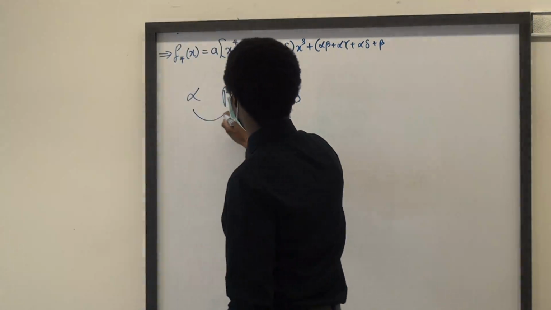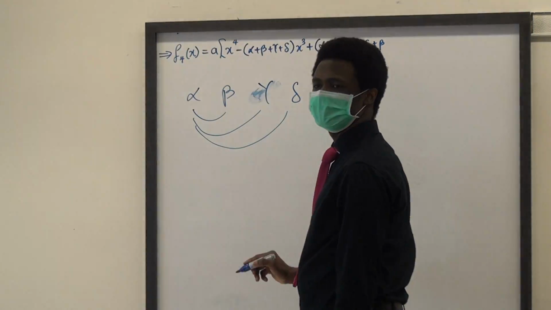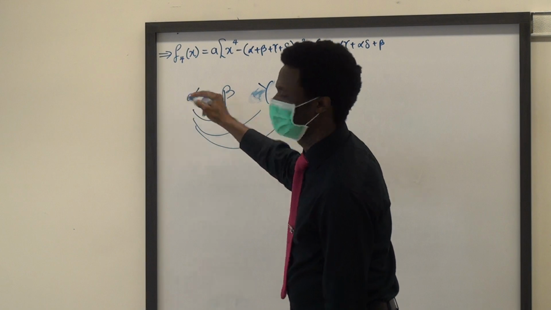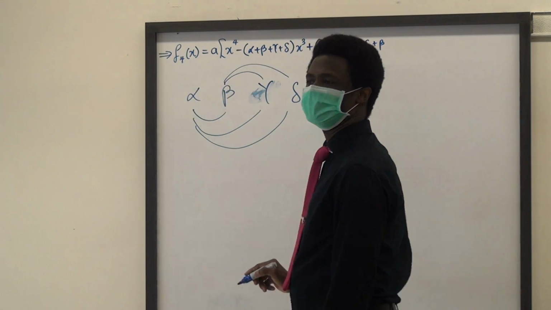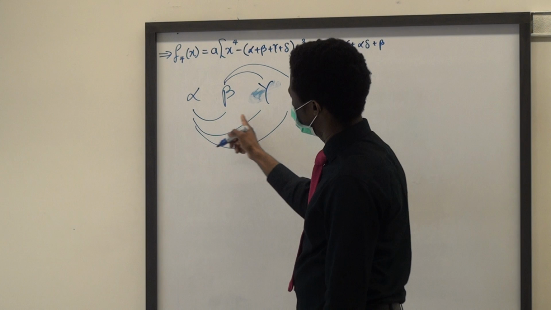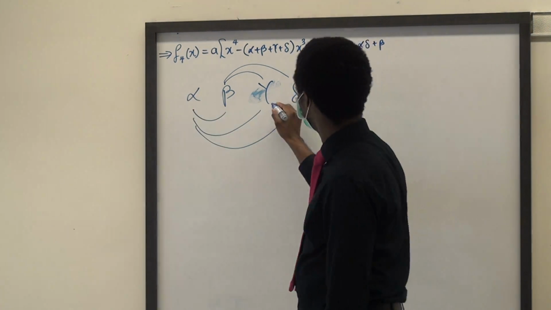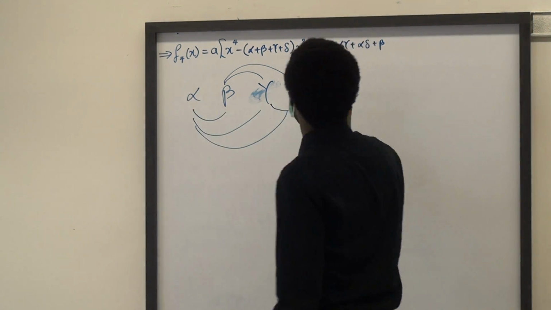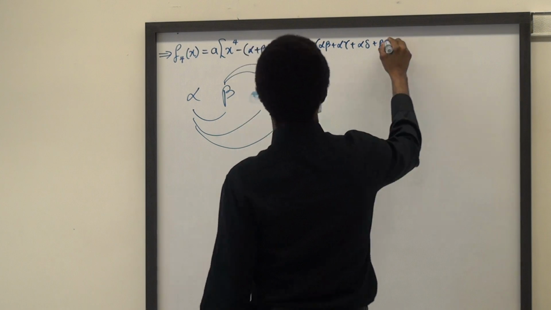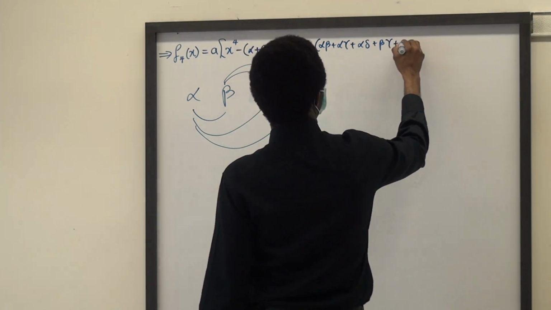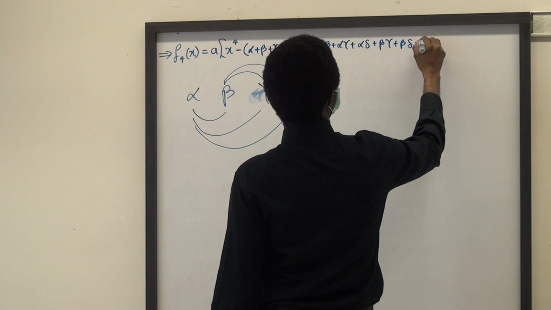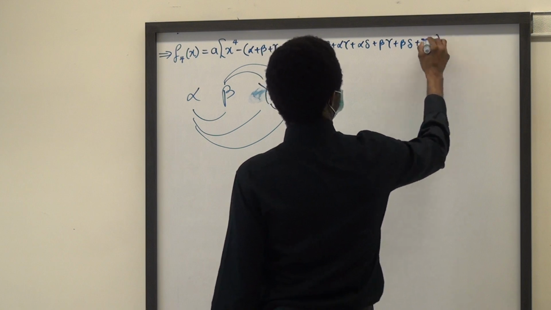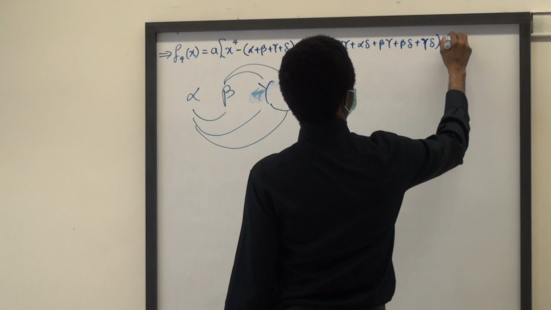So I will have alpha with all of these. Beta doesn't need to go back. Beta with this, beta with that. Okay? Gamma doesn't need to go back because it's repetition. So gamma and delta, and that's it. So it's going to be beta what? Beta gamma, beta delta, then gamma delta, and that's it. And this is for x squared.